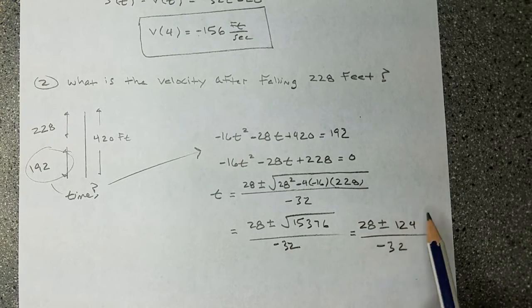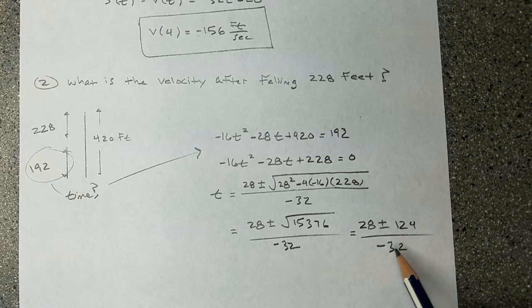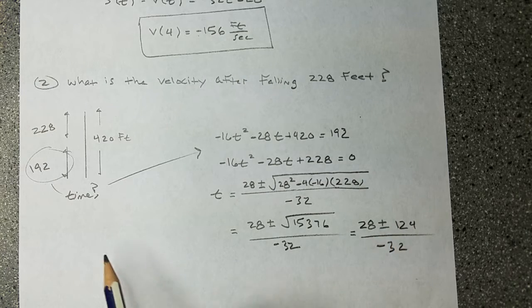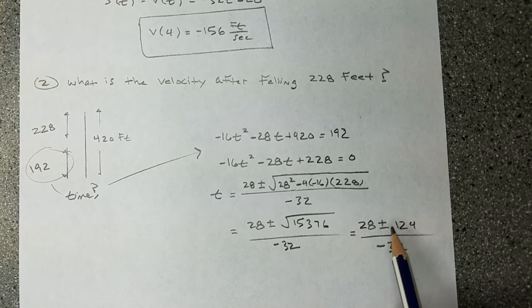Now, obviously, there are two answers in here: 28 plus 124, and 28 minus 124. Only the positive number would make any sense for us. Of those two, the one that ends up being positive is the minus. If you do 28 minus 124, that's a negative number.